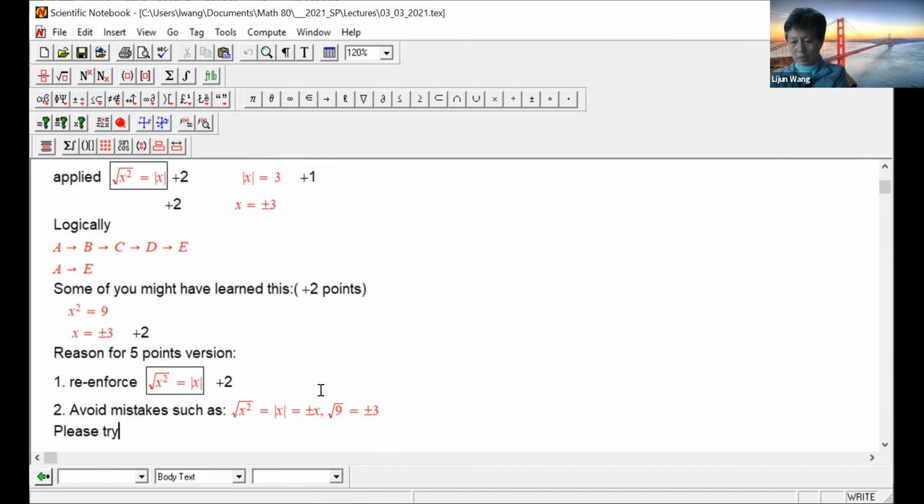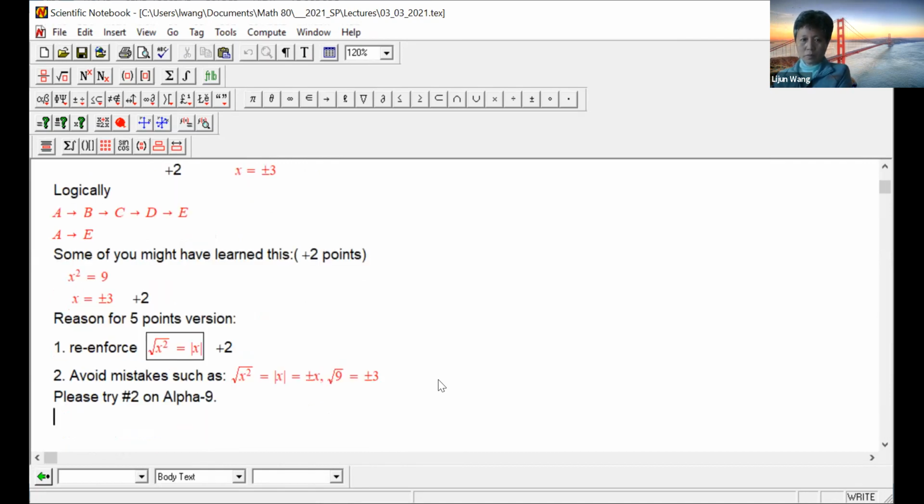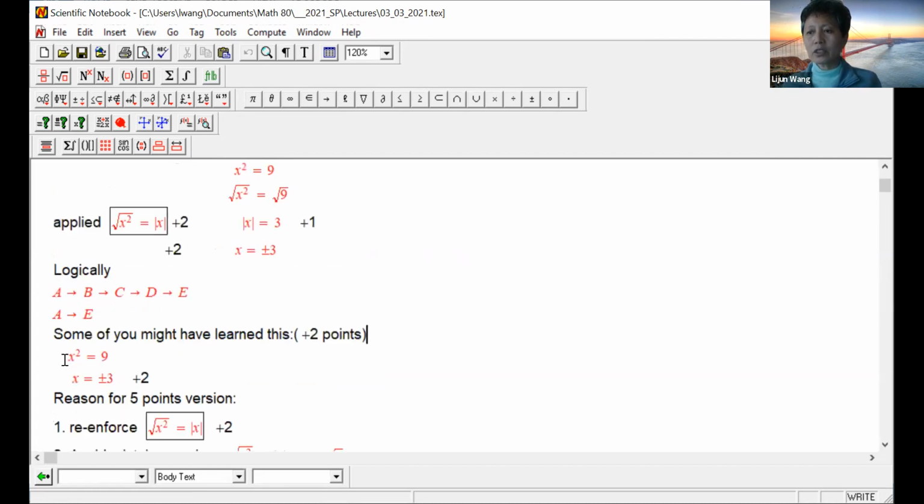Please try number 2 on Alpha 9. Do you think 2 minutes might be enough for you? Solve x squared equals 16. Everybody, please practice this short version of it. Again, I acknowledge some of you might have learned it this way, and that way was not wrong, but 2 steps were missing in between.